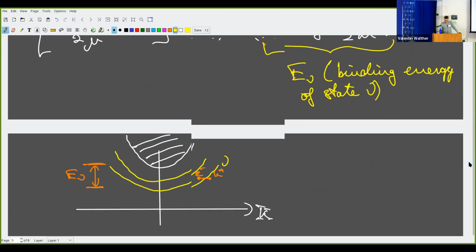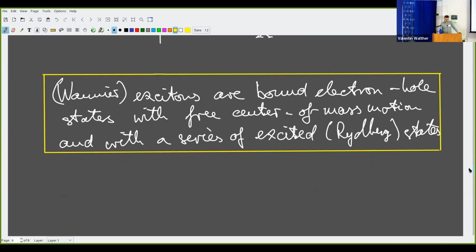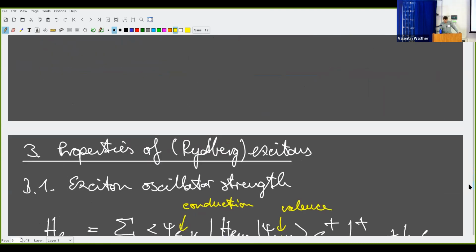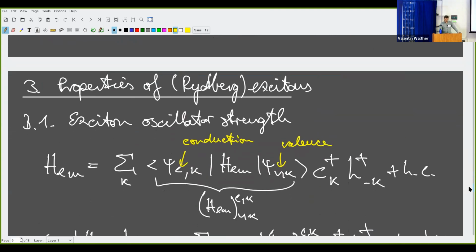Then we learned that Wannier excitons are bound electron-hole pairs with a free center of mass motion, and they have a series of excited states that we'll look at today. Finally, we looked at the properties of Rydberg states of excitons. How do we excite them? What's the matrix element?